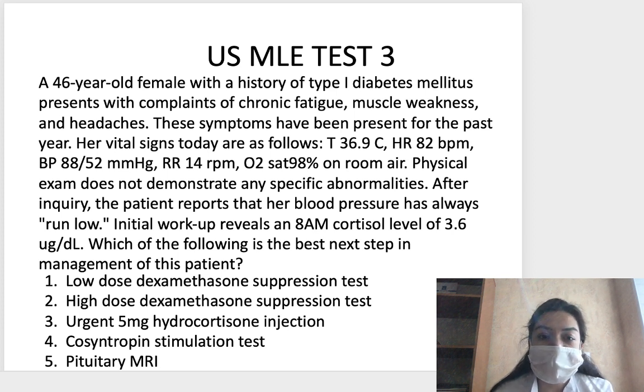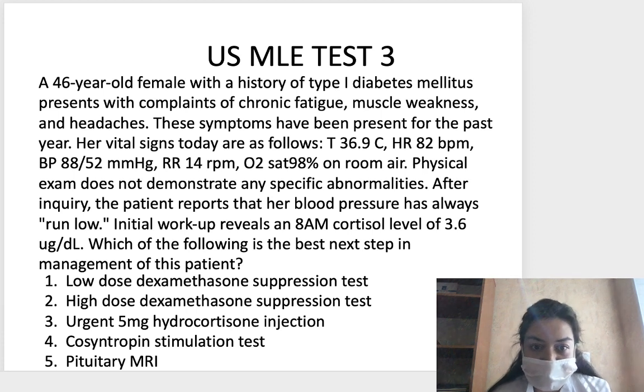Her vital signs today are as follows: temperature 36.9, heart rate 82, blood pressure 88 by 52 millimeters Hg, respiratory rate 14, and saturation is 98 on room air.